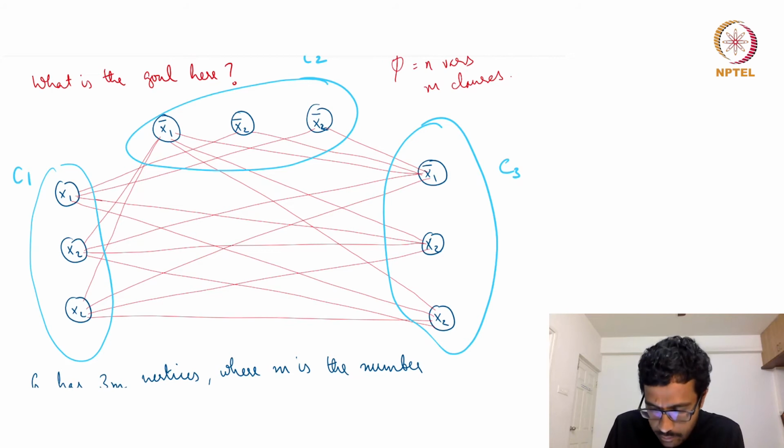So between x1 and x1 complement there is no edge. Between x1 and x2 complement there is, between x1 and x2 there is, between x2 and x1 complement there is, everything is there. But between x1 and x1 complement there is none, from C1 to C2 and from C1 to C3 as well. The same thing, between x2 and x2 complement it is not there, but between x2 and x1 complement there is, and between x2 and x1 there is also.